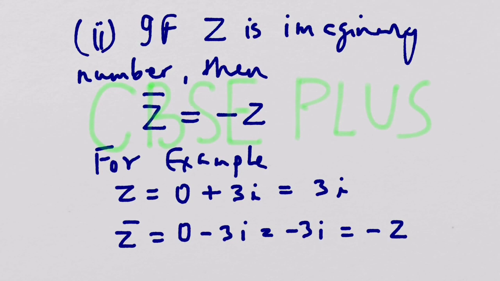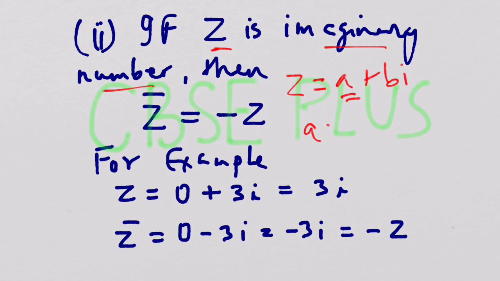So now come to the second property. If z is an imaginary number, it means it is a purely imaginary number. So z is equal to a plus b iota, where in this case a is equal to 0.